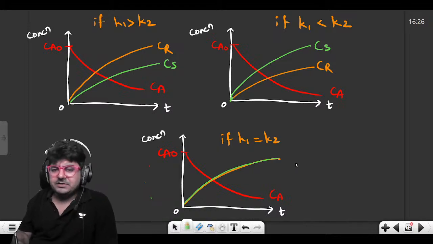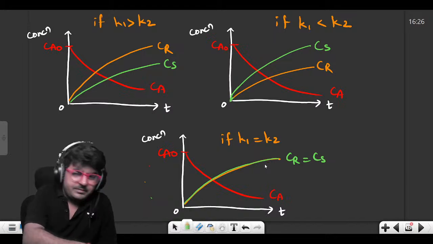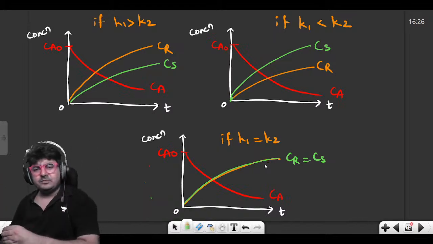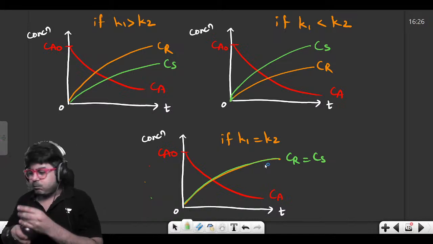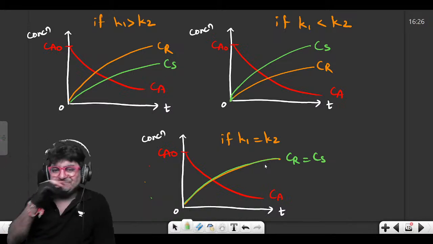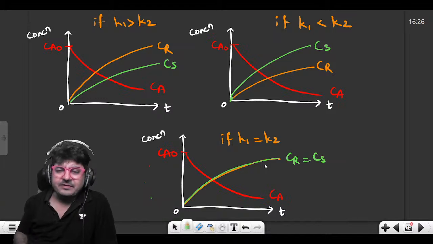They will coincide each other. Basically, their concentrations will remain same. You can see from the equations. Simple.